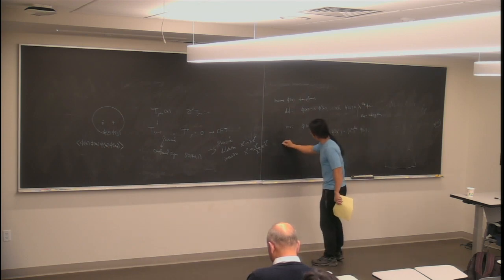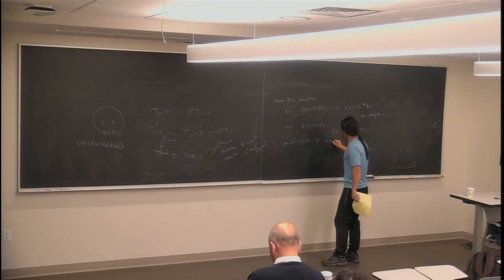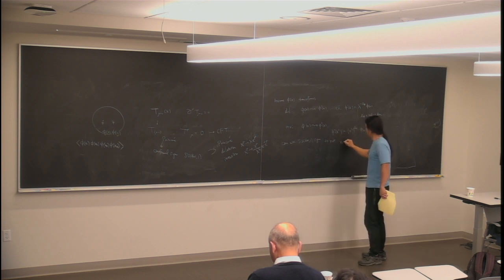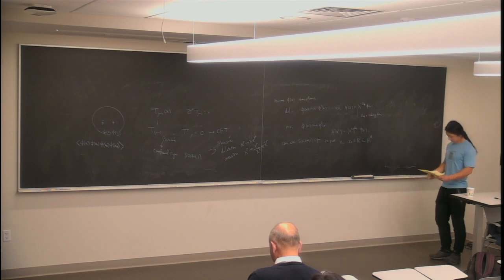So we can use the d plus 1 symmetry to put these 4 points, x1 through x4, in a plane inside the d-dimensional Euclidean space.